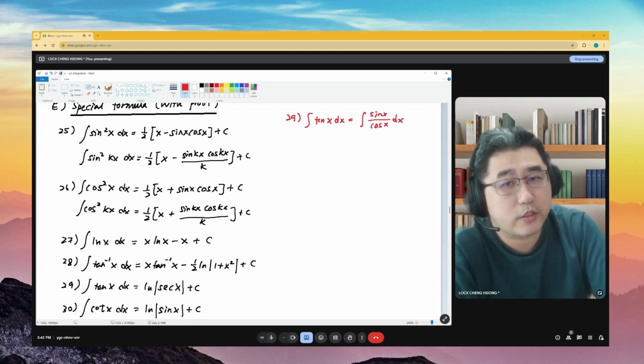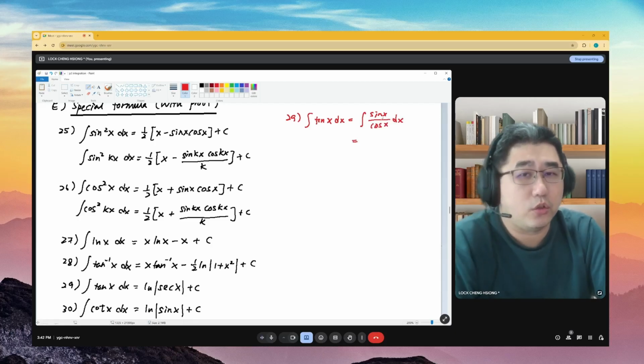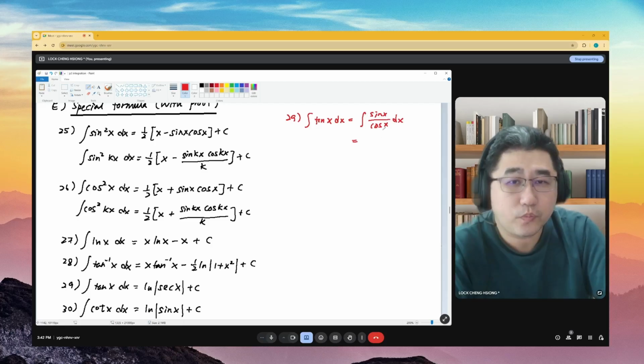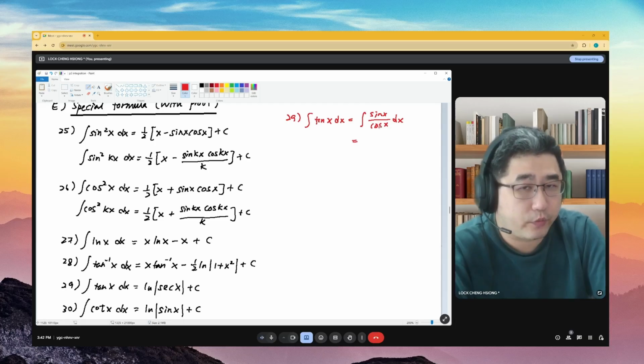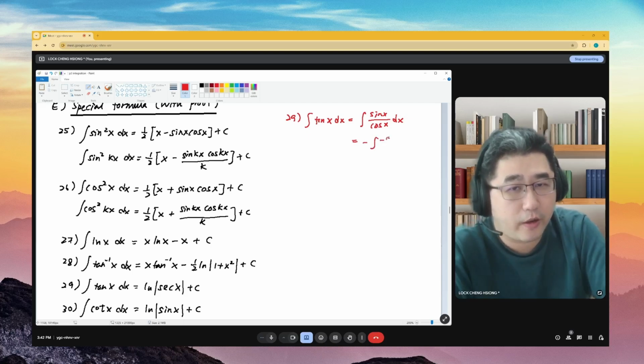You see there is a fraction. From this fraction, we want to match the top as the differentiation of the bottom. So the bottom is cos x, and the differentiation of cos is supposed to get a negative sign. I don't have a negative sign, so I make it a negative sign.